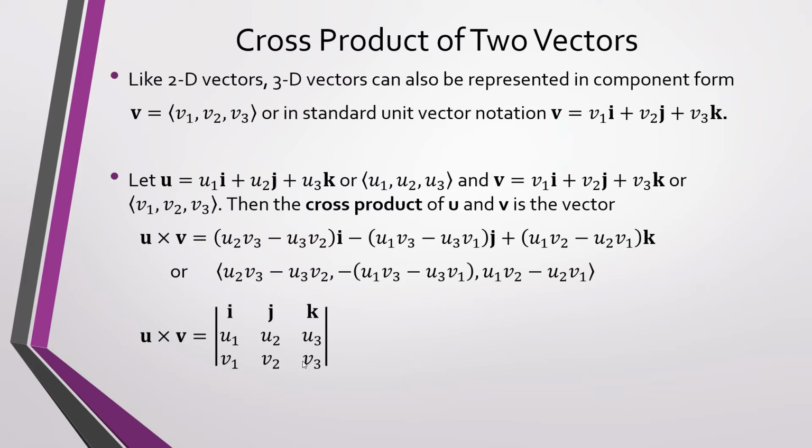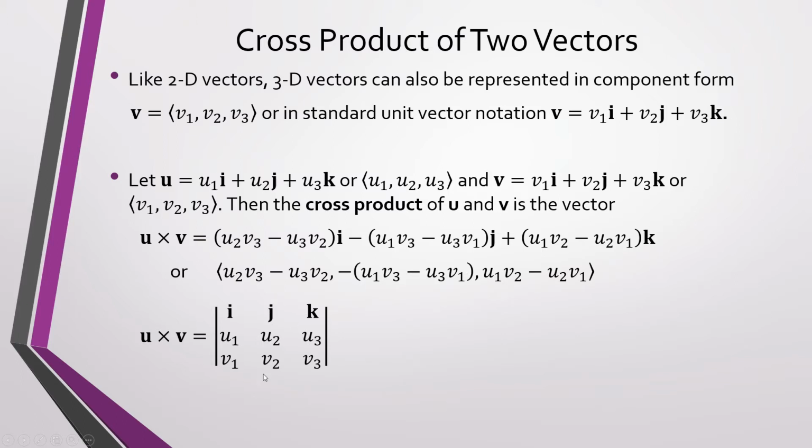And you might recall to find the determinant, you find the product of the first diagonal and subtract the product of the second diagonal. So that's where this u sub 2 times v sub 3 minus u sub 3 times v sub 2 comes from.